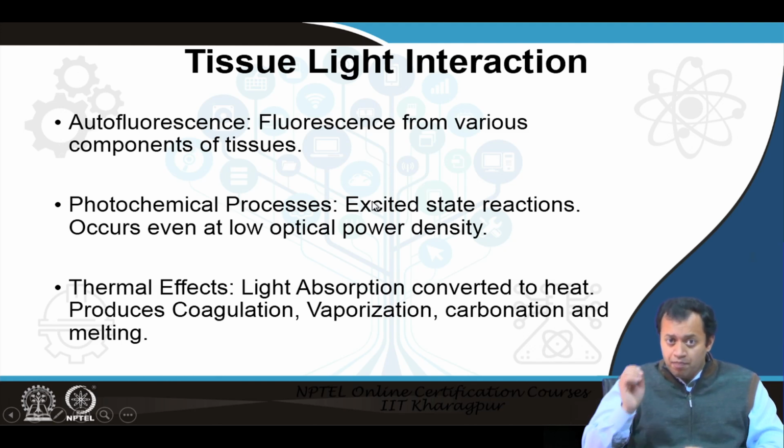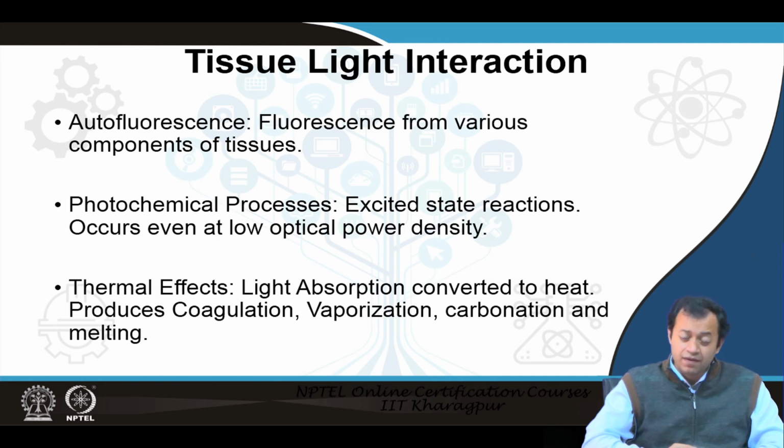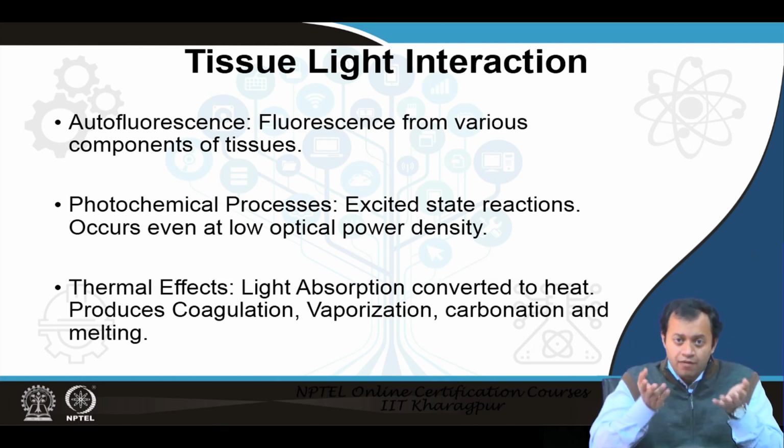There is a possibility that a specific wavelength, even at low power, low intensity, can result in a chemical change inside the tissue, and thereby whatever you are seeing is because of your observational effect, right.